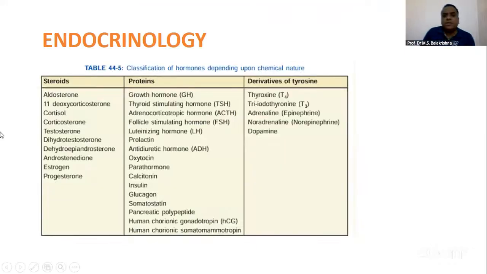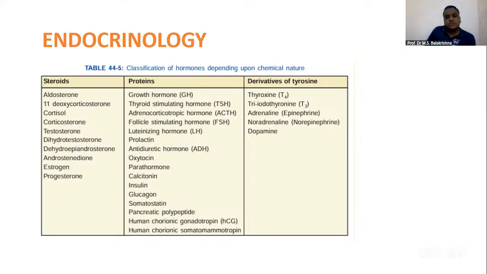Now coming to the classification based on chemical nature. You've got steroids, proteins, and derivatives of tyrosine. This is based on chemical structure. Under steroids, a big list is there. Steroids are the ones which have anti-inflammatory action. That is why steroids are given before a surgical procedure, so that swelling and infection are reduced.